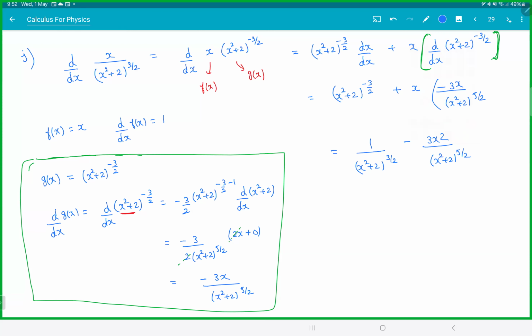Please check. I hope I didn't do any calculation mistakes. But look at the steps. This is quite an important one. If you got this, I think your differentiation, you know how to handle now. This much is sufficient for physics. Anyone not convinced with anything particular here?